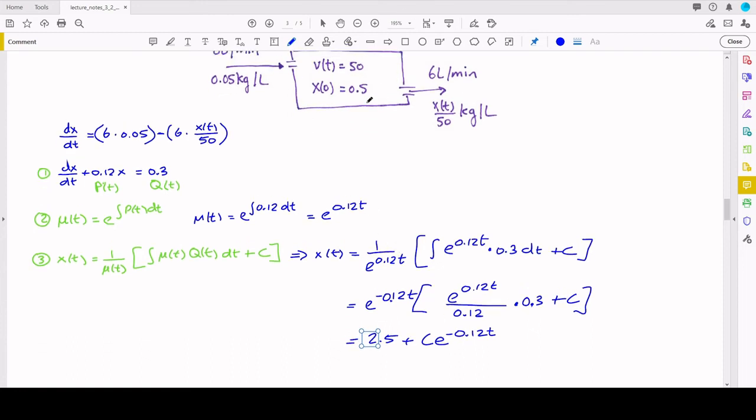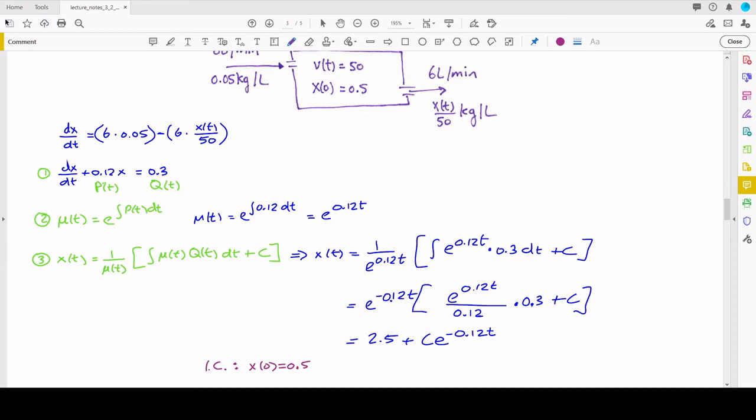And then we're going to use our initial condition, that x of 0 equals 0.5.